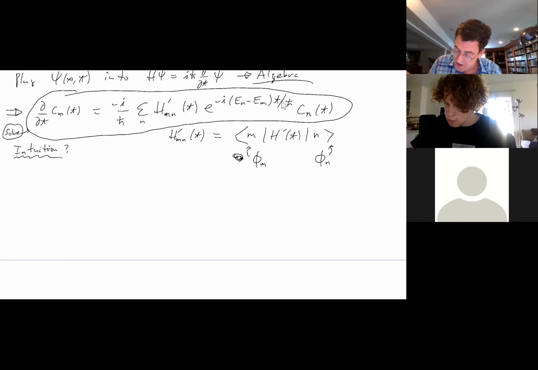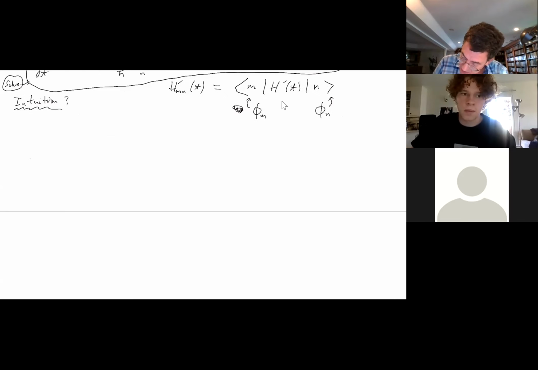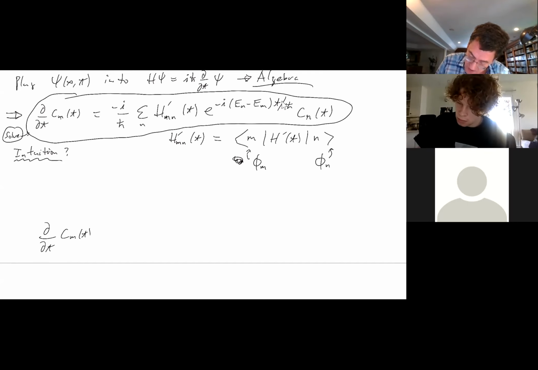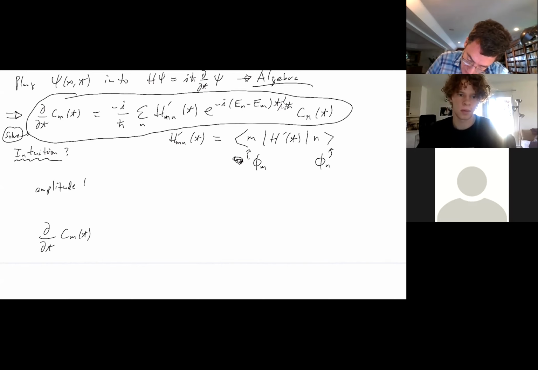What is the intuition for this equation? Because it looks like just a big ugly mess, but actually it's a very intuitive object. So here's a way to think about it. Let's rewrite this equation, just a simple rewriting. The time derivative of this thing that we want, this whole thing, is the amplitude to be in state m.